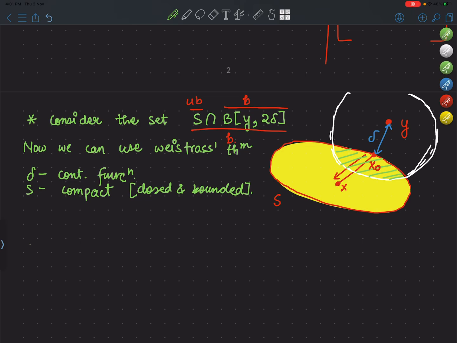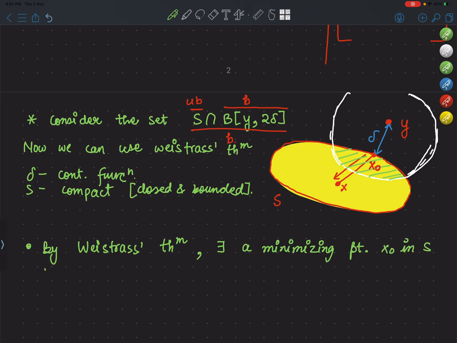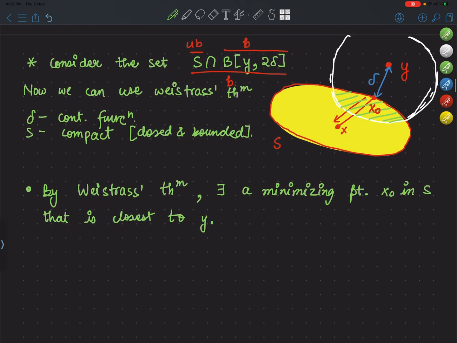So by the Weierstrass theorem, there exists a minimizing point x naught in S that is closest to y. So existence is proved.